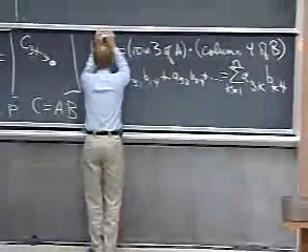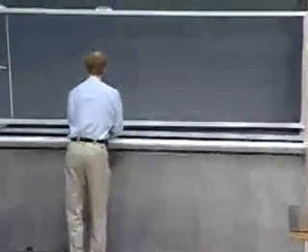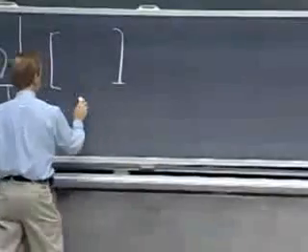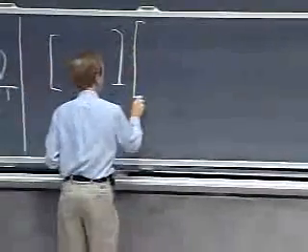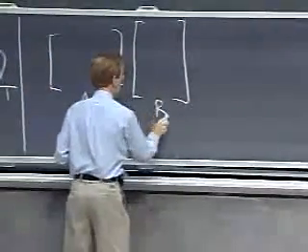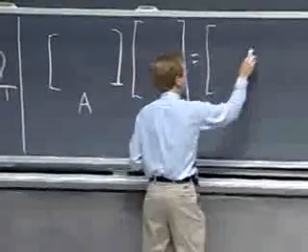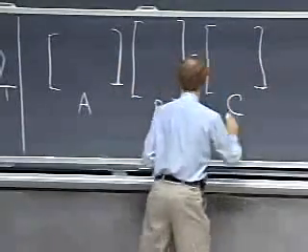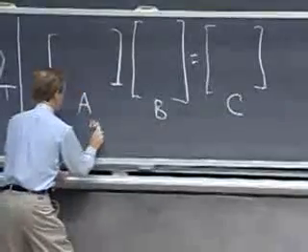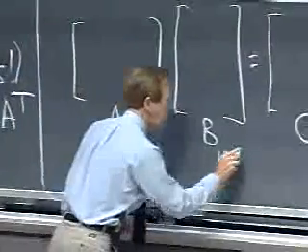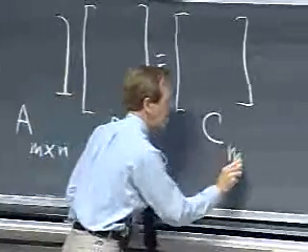Here goes A again, times B, producing C. And again, this is m by n, this is n by p, and this is m by p.